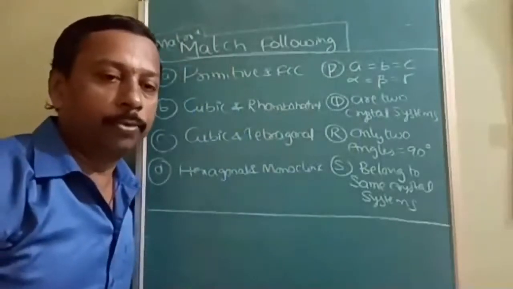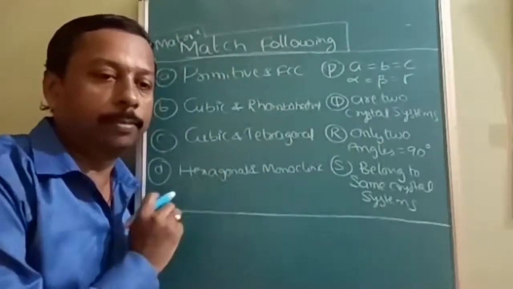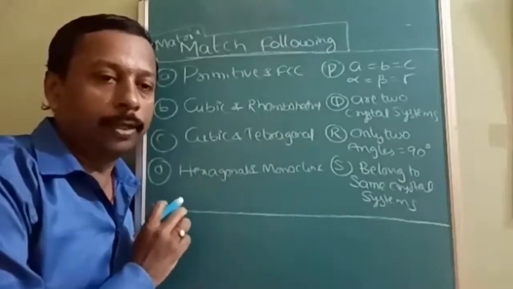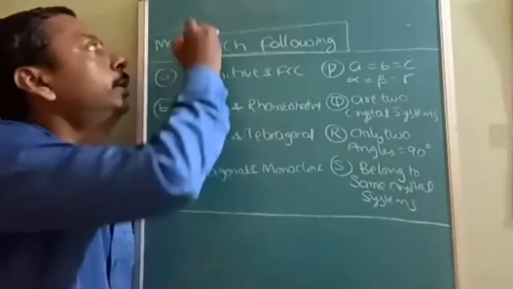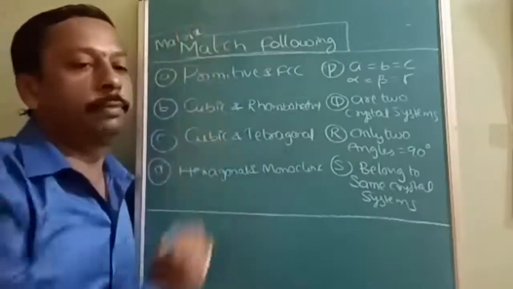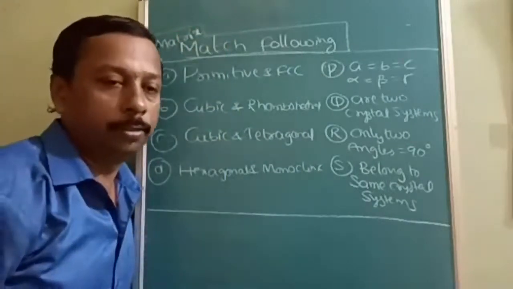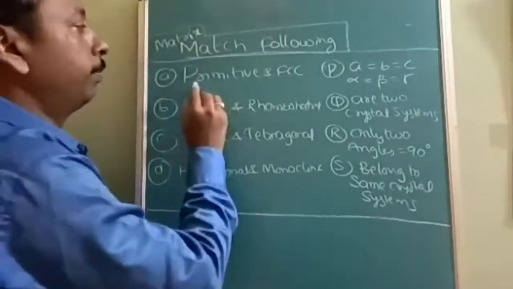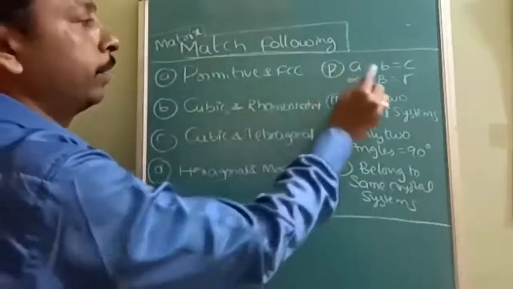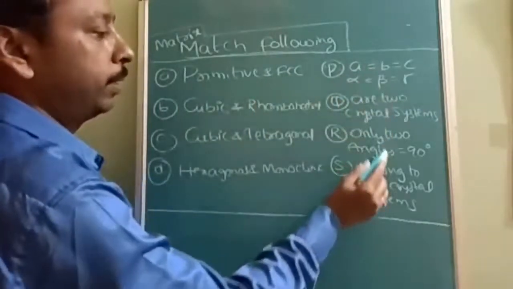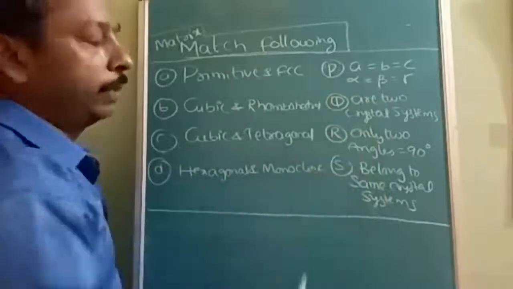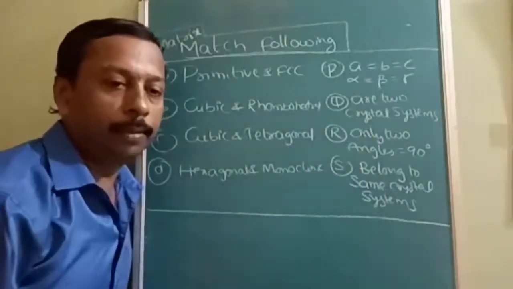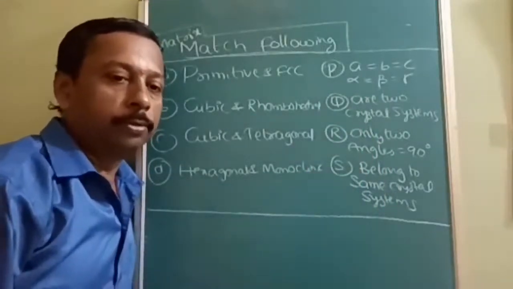The only advantage is that this covers many concepts. So one matrix match is equal to at least 6 to 7 single correct options. Okay. Here primitive and FCC are given. Whether this matches, this matches, this matches, all can match or one can match. At least one will be matching and more than one is also possible.